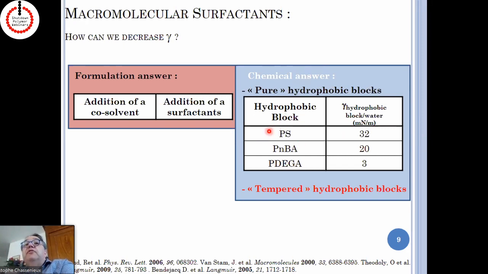If you look at the value for polystyrene, it is pretty high, equal to 32 millinewton per meter. If you look at poly N-butyl acrylate, you can see that this value is also pretty high. This is why, even if the glass transition temperature of this block is far below room temperature, you form frozen aggregates as long as you have poly N-butyl acrylate as the hydrophobic block.